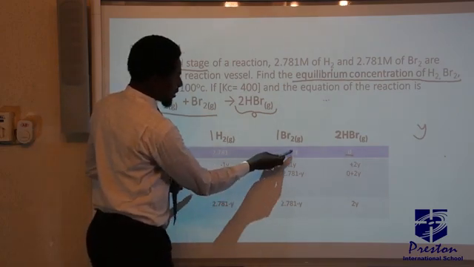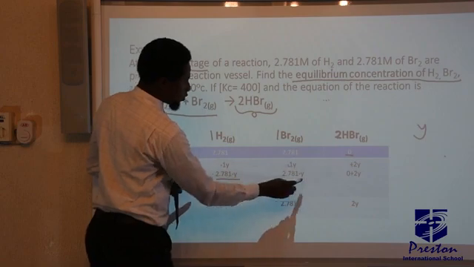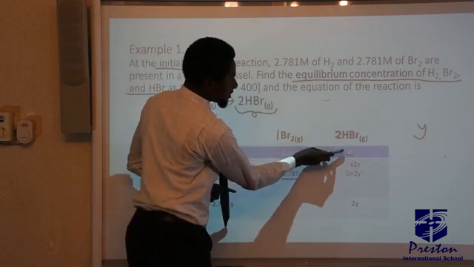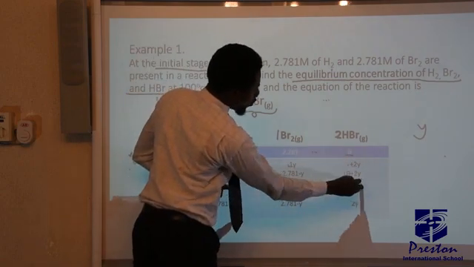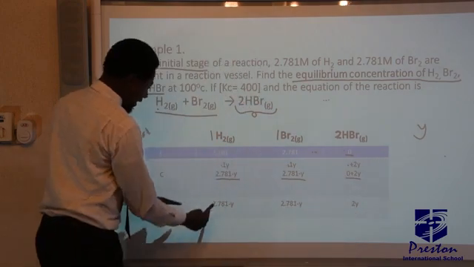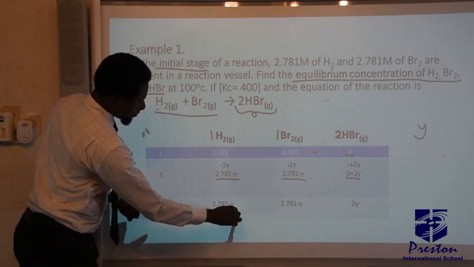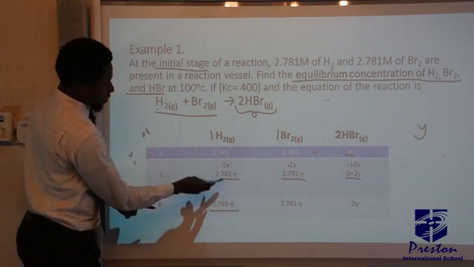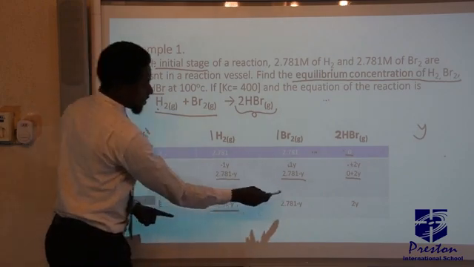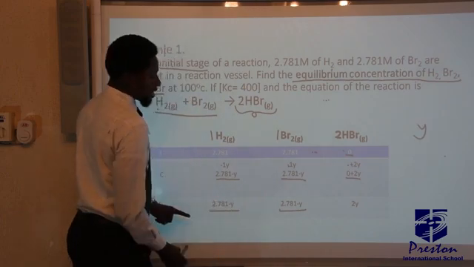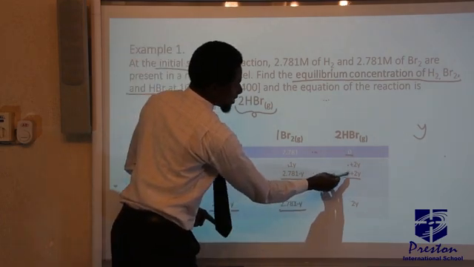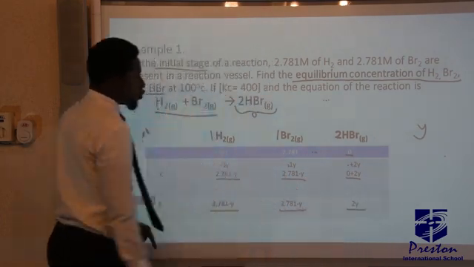This one is also 2.781 minus 1y. Then this one is 0 plus 2y. So if you look at the final answer for the equilibrium concentration E, this one will be 2.781 minus y, this one is also 2.781 minus y, but here, 0 plus 2y will give you 2y.